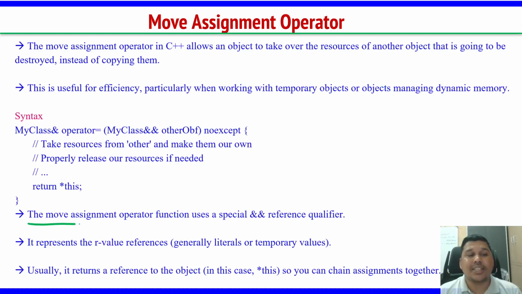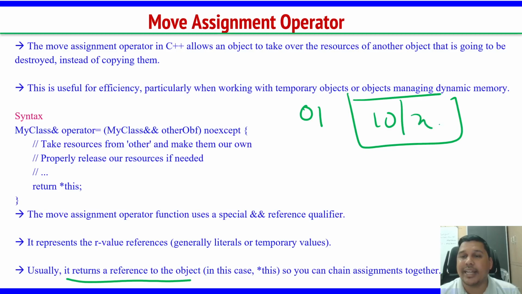Let's see the move assignment operator function. This operator function uses a special double ampersand reference qualifier. It represents the R-value reference. When we see the program, you will understand it better. Usually it returns a reference to the object. Object O1 had some values, 10 and 20.